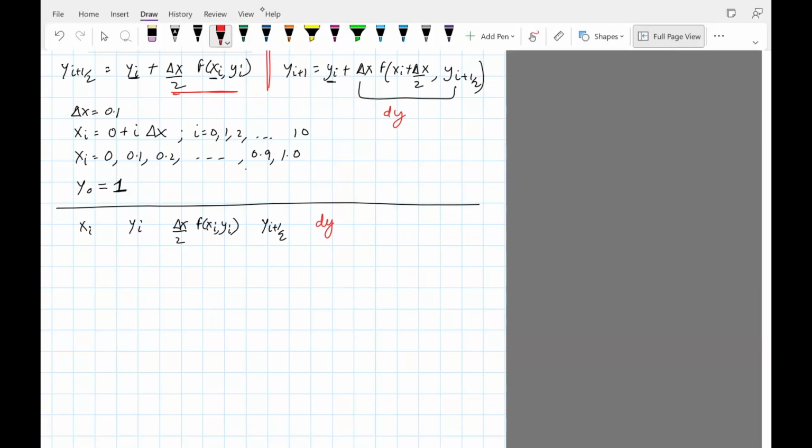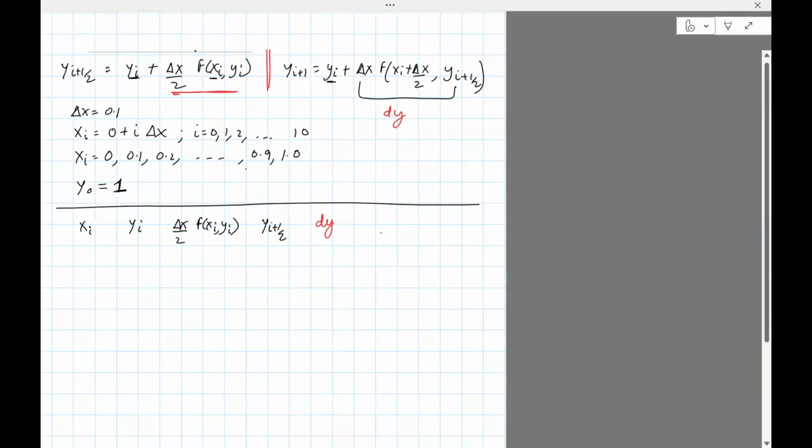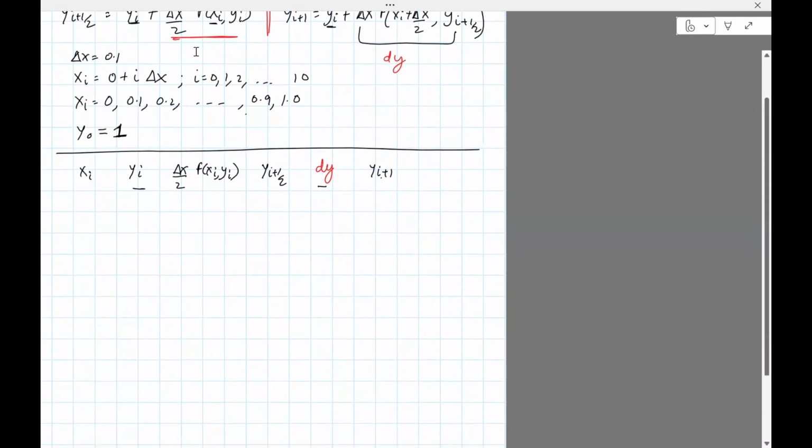Once we have dy, it's very clear that all I need to do is sum dy with y to get yi plus 1. So what remains now is to just populate this table. Start one at a time. So when you put i equals 0, we have x of 0 is 0, y of 0 is 1.